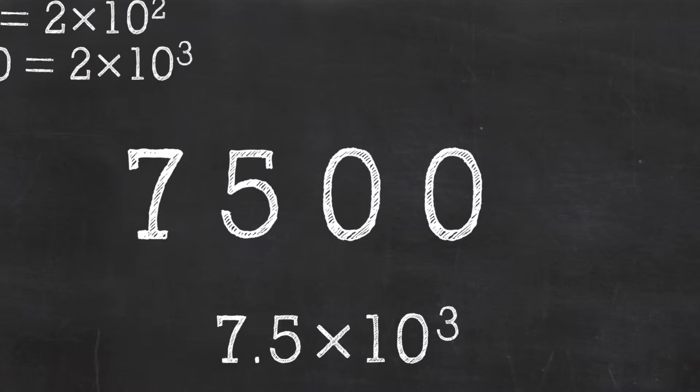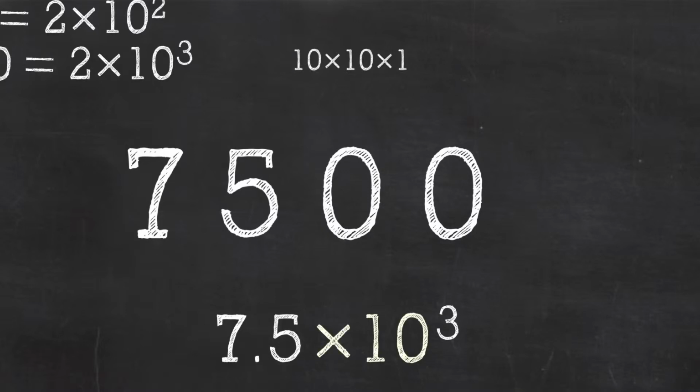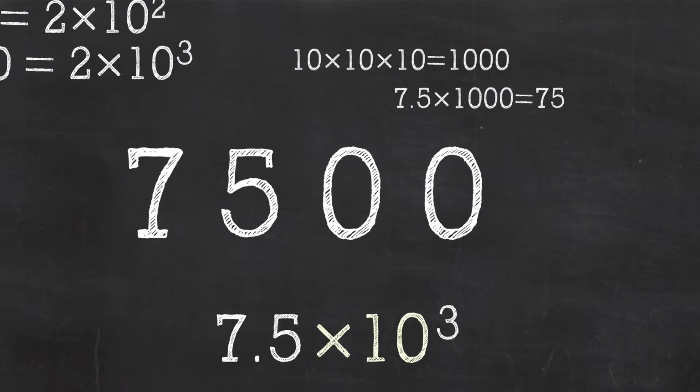The number 7500 can be written in scientific notation as 7.5 times 10 to the power of 3. We can check that this is correct by working out the individual components. 10 times 10 times 10 equals 1000, and 7.5 times 1000 gives us our original number of 7500.